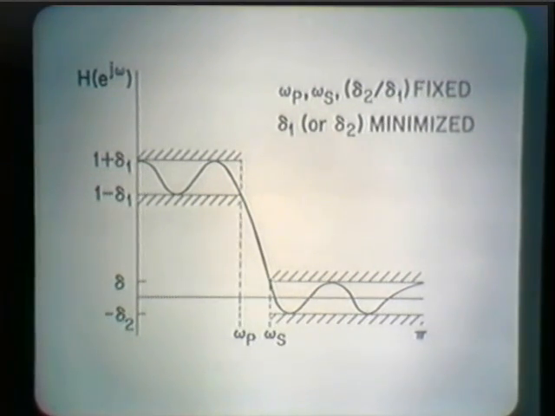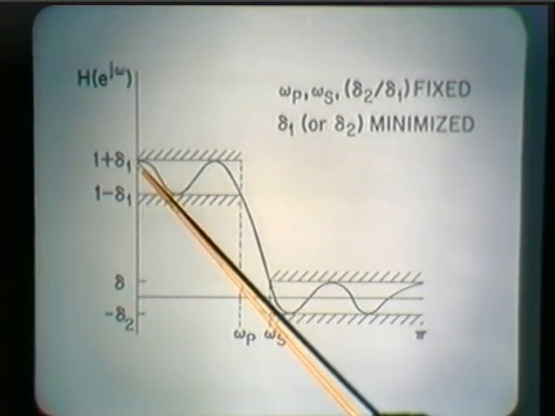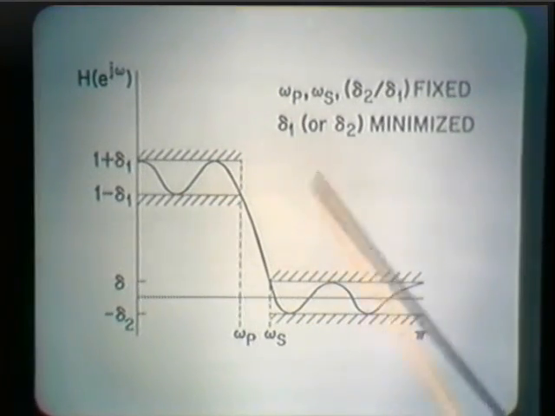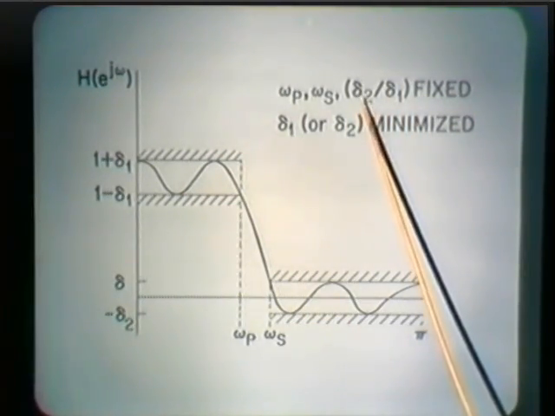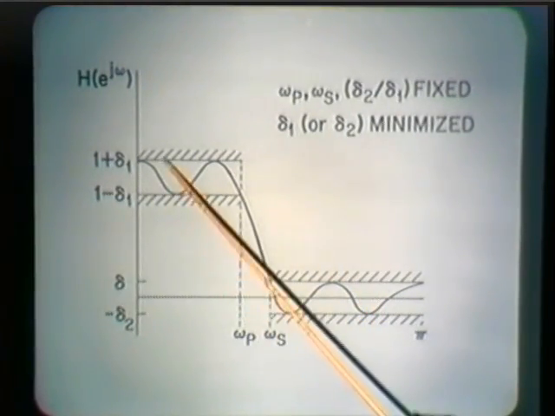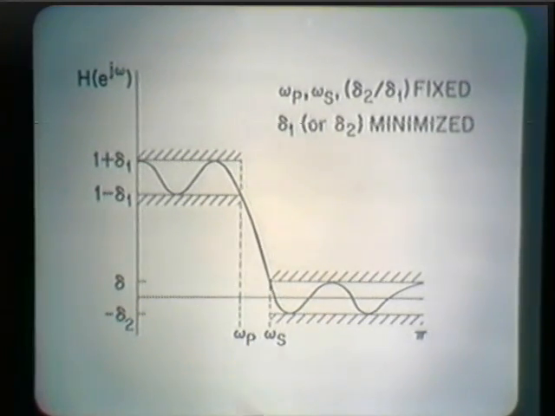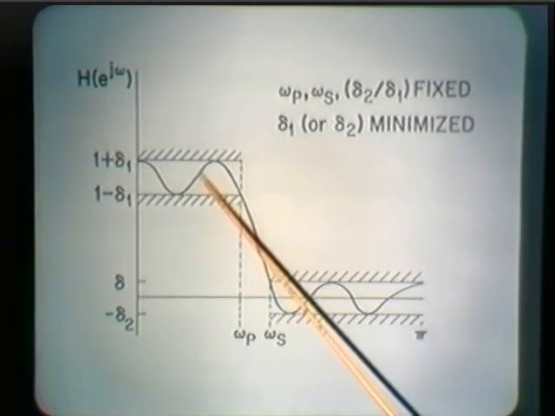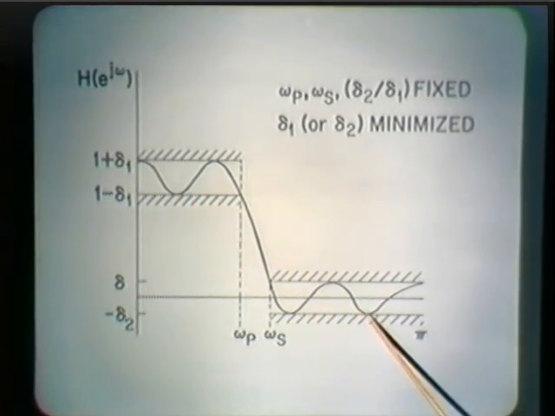But for example, if we pick a passband cutoff frequency and a stop band cutoff frequency, furthermore, if we of course are going to allow some deviation in the passband and some deviation in the stop band, if in addition we fix the ratio of stop band to passband ripple, and if we then inquire as to what sort of characteristic should result if delta 1, the passband ripple, or equivalently delta 2, the stop band ripple, is minimized, then it can be shown that that implies an equiripple characteristic in the pass band and an equiripple characteristic in the stop band.